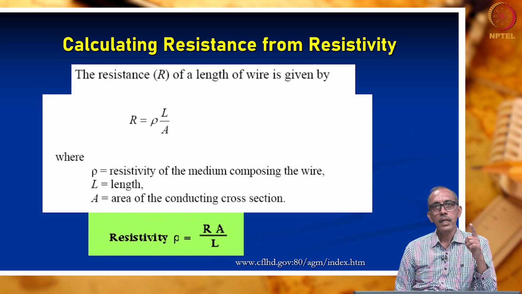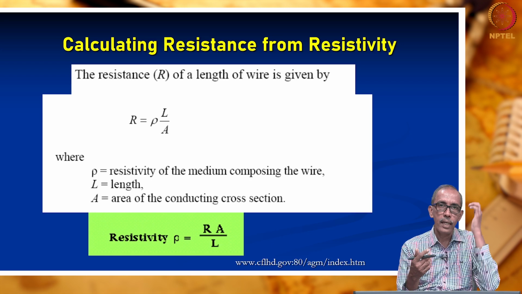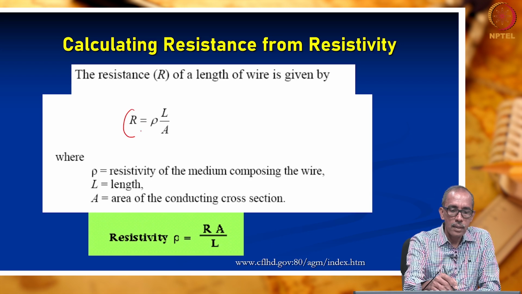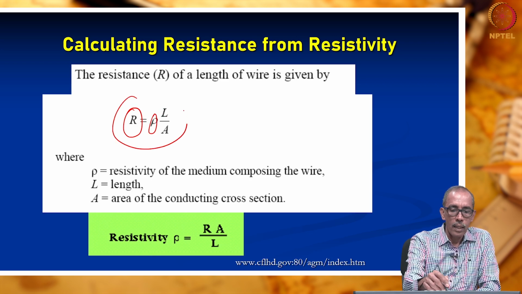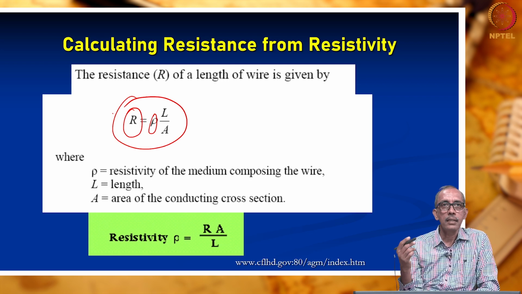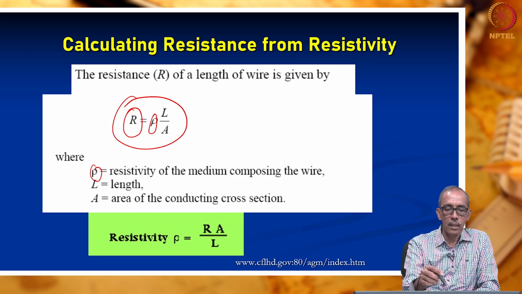If one is known, the other can be calculated as per the relation given here, where resistance is equivalent to resistivity multiplied by length divided by area. This is the relation that relates resistance with resistivity. So resistivity of the medium can be estimated using this relation by simply rearranging this equation.